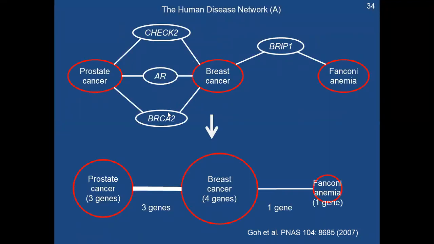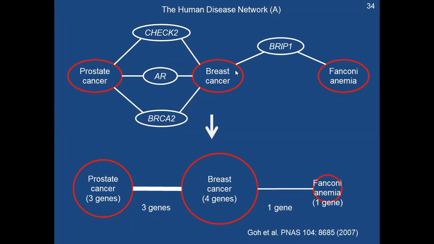So once they find which genes are related to which diseases, they start making a network. For example, CHEK2, androgen receptor, and BRCA2 were related to prostate cancer in some way, and also to breast cancer. So they put the genes here, the diseases here, as nodes, and connect them with edges.